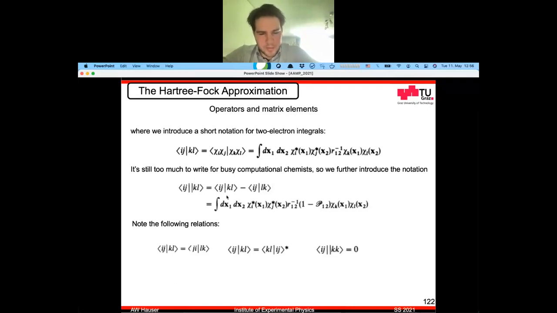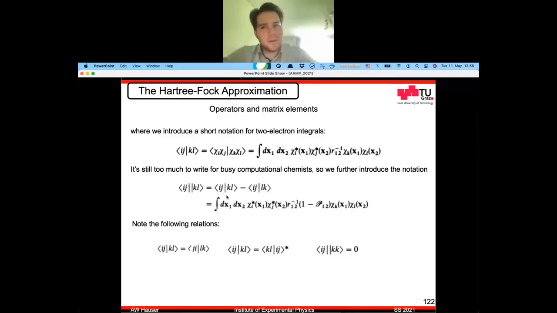I have a question about that. Is it really still a Coulomb integral even if i does not equal k and j does not equal l? Because I would suppose that it's only if two identical ones meet that their product gives the... Yes, you're right.